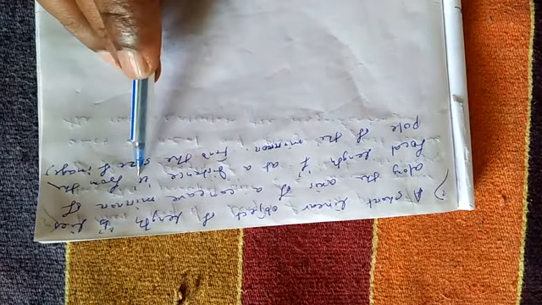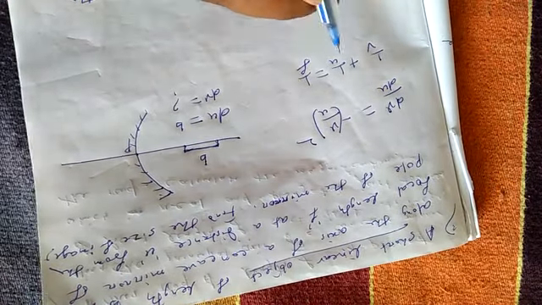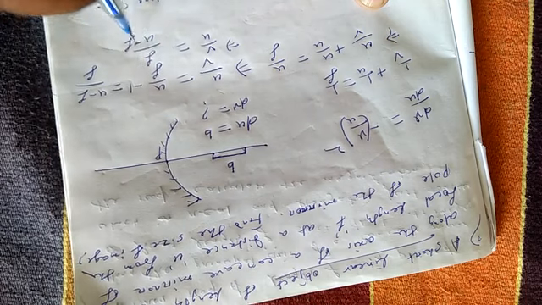As you know, mirror formula: 1 by V plus 1 by U is equal to 1 by F, implies multiply by U: U by V plus U by U is equal to U by F, implies U by V is equal to U by F minus 1 is equal to (U minus F) by F. So V by U is equal to F by (U minus F).